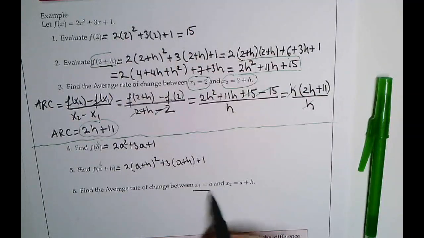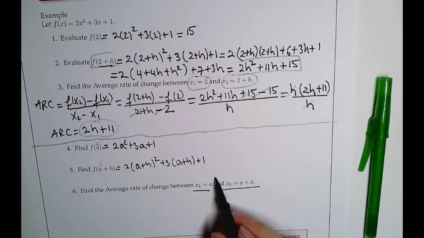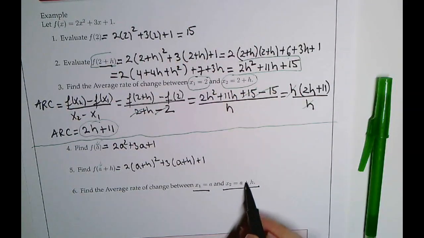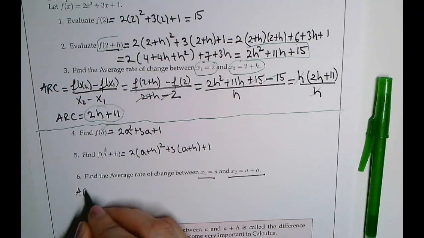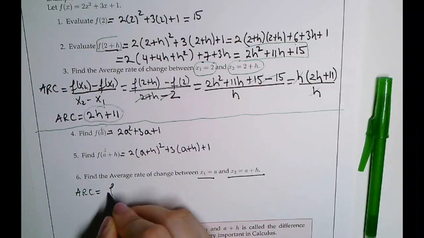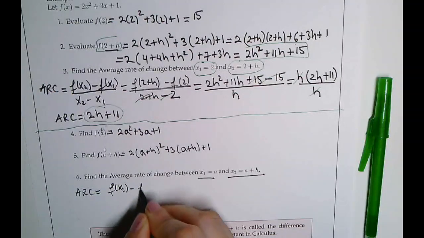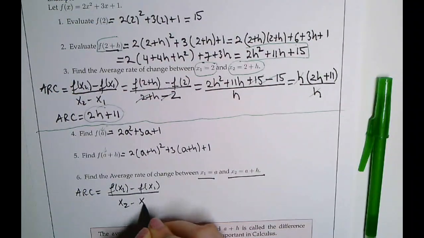And then to find the average rate of change between x1 and x2, where x1 is a, any number a, and x2 is that number plus a small quantity h, we would just say that the average rate of change is going to be, again, f of x2 minus f of x1 over x2 minus x1.